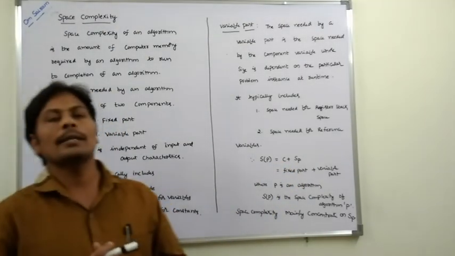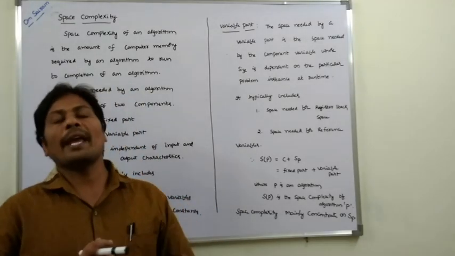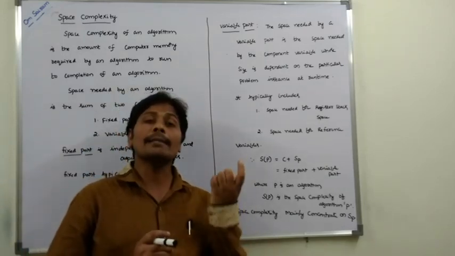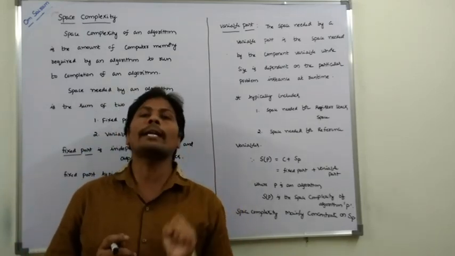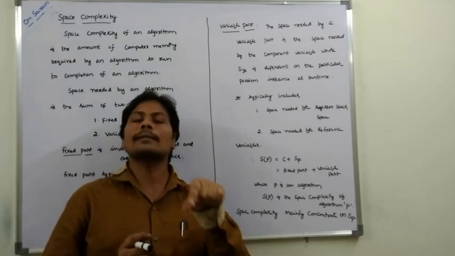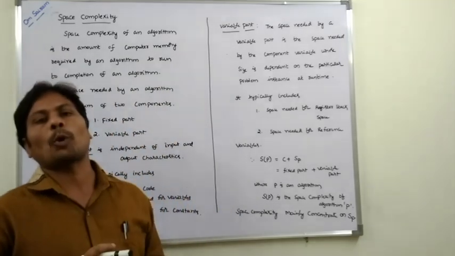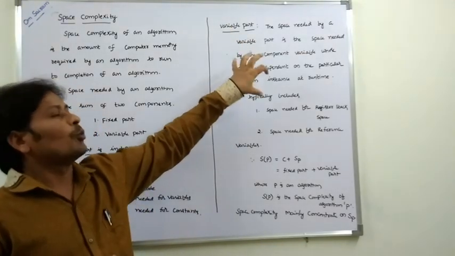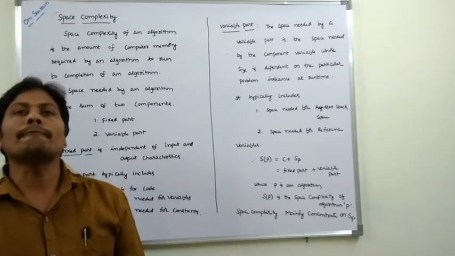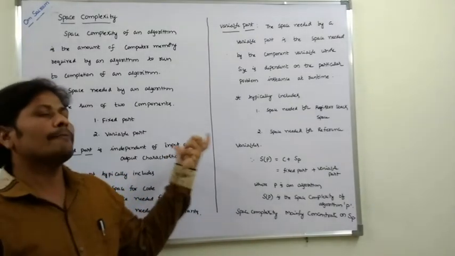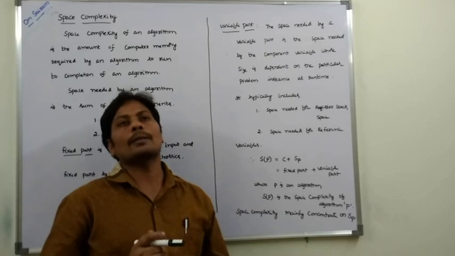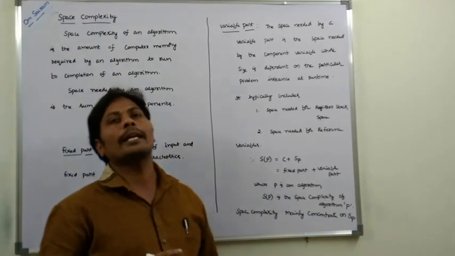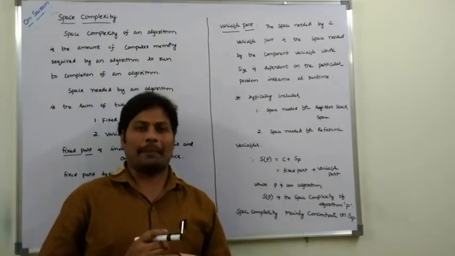Next, variable part. The space needed by the variable part typically consists of space needed by the component variables whose size is dependent on the particular problem instance at runtime. So here we mainly concentrate on variable part. This variable part typically includes the space needed for the reference variables and space needed for the register stack space.